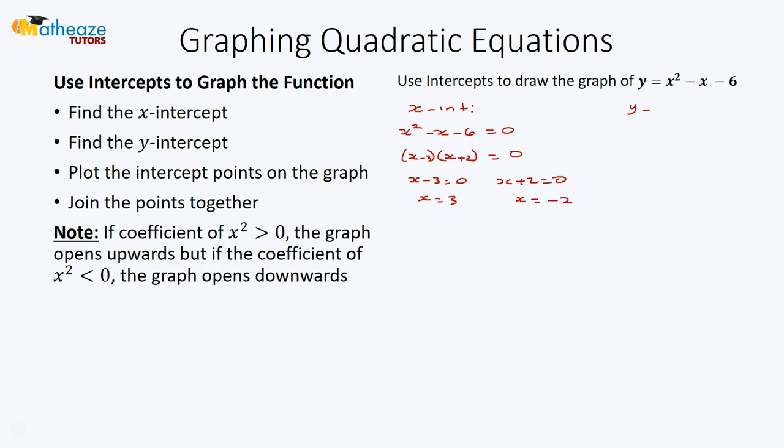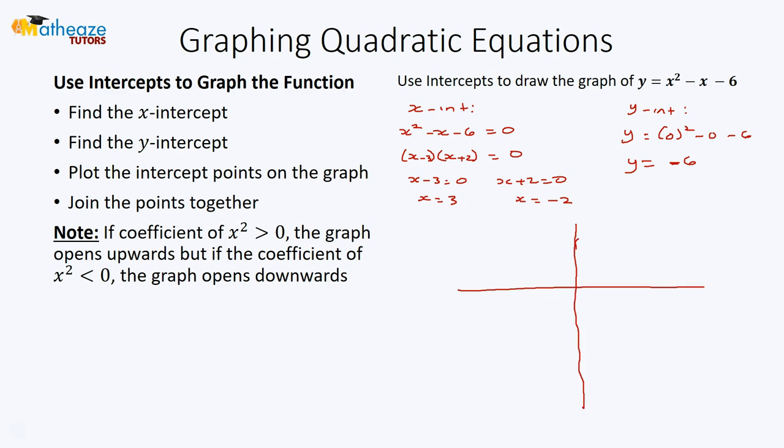And then for the Y-intercept, y equals 0 squared minus 0 minus 6, which is -6. Now we're going to draw the graph of this equation.